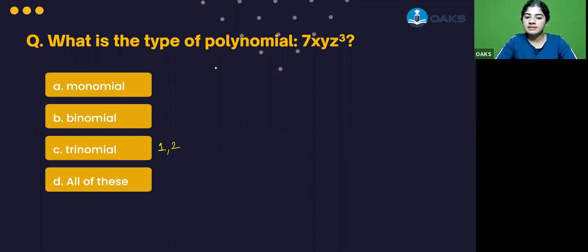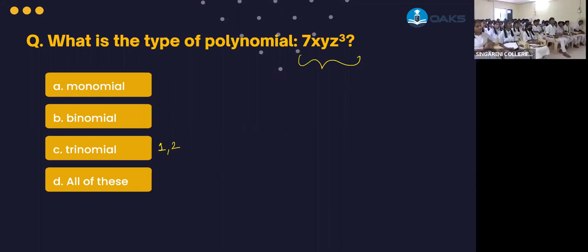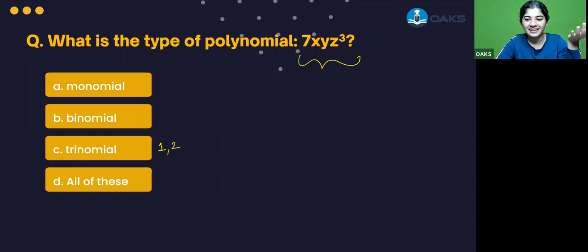Now, what is the type of polynomial? These options are in the form of number of terms. So can you tell me how many terms are there in this polynomial? So what is the type of polynomial? Monomial. Here there are 3 variables, but the number of terms is only 1. This can be a little confusing.